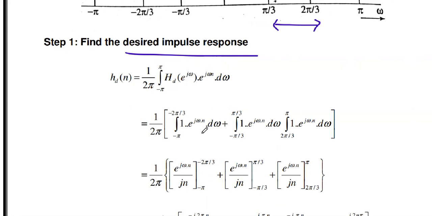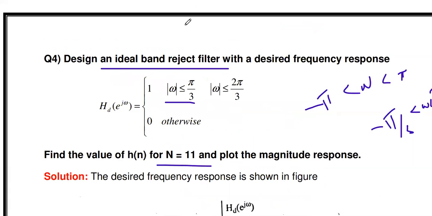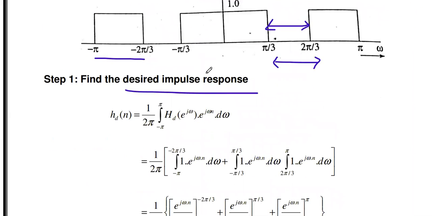You see this graph. HD of e power j omega is 1 for the frequency between minus pi to minus 2 pi by 3. Then it is 1 between minus pi by 3 to plus pi by 3.